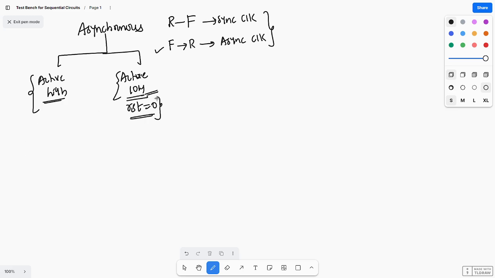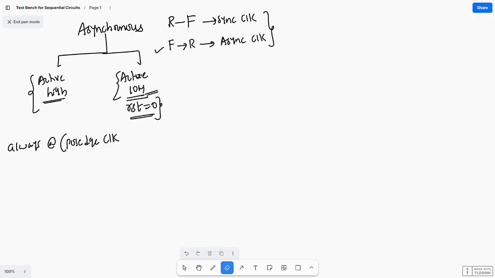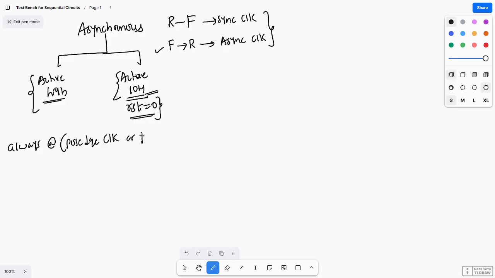How to indicate it here: if it is active high, always at the rate posedge of clock or posedge of reset, this is the sensitivity list. Active low means always at the rate posedge of clock or negedge of reset.